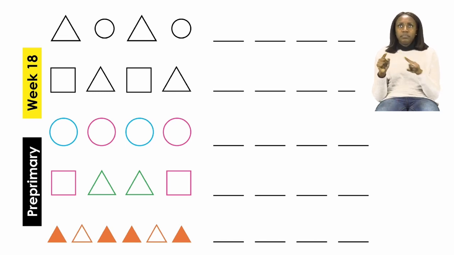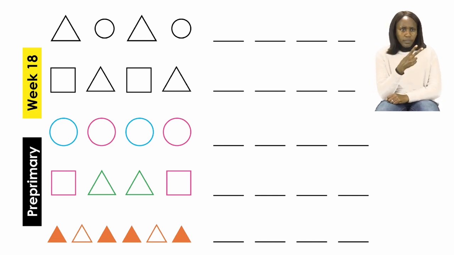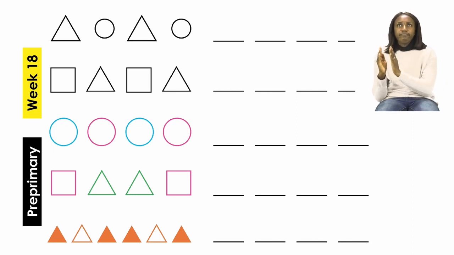So on each line, you will have different shapes. And in order for you to complete the pattern, you have to complete the order in which each shape appears. Like I said earlier, I'm going to do the first one with you.